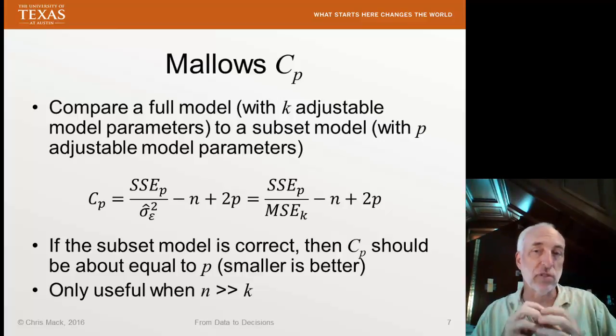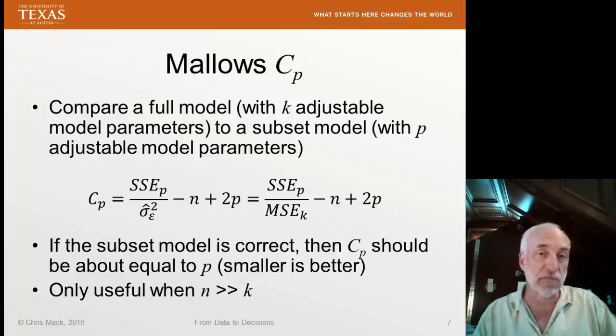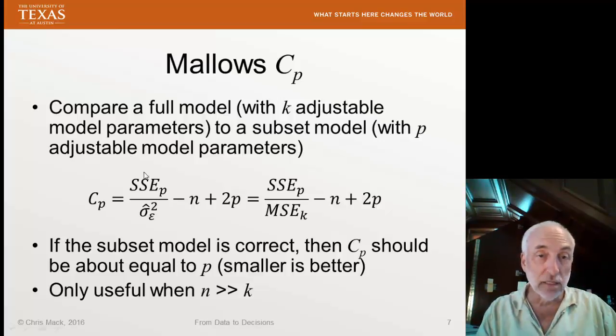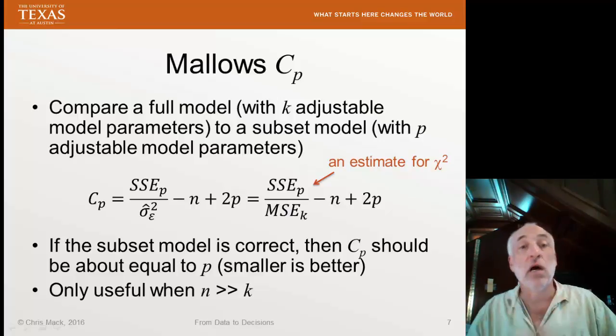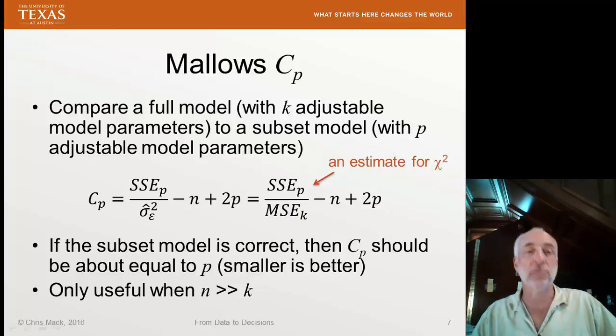So we're going to test the full model compared to the subset model by looking at the sum of square errors of my subset model with parameters p, and then I'll estimate the true variance as the mean square error of my full model. That means that this ratio is an estimate of chi-square, just like minus 2 times the log likelihood.